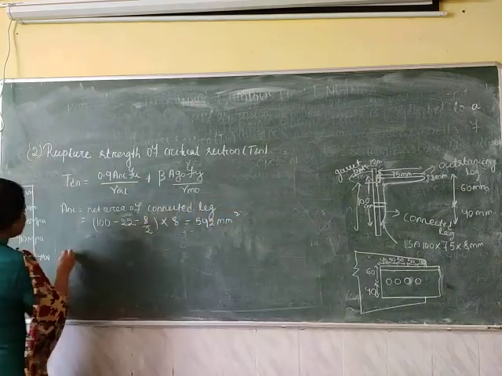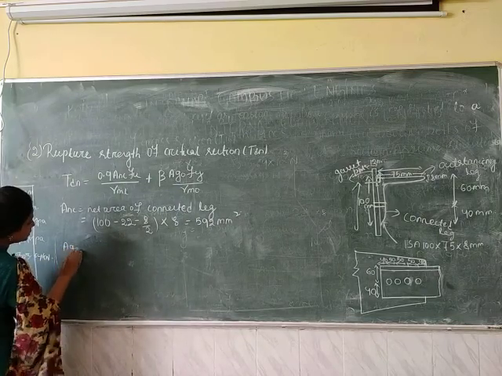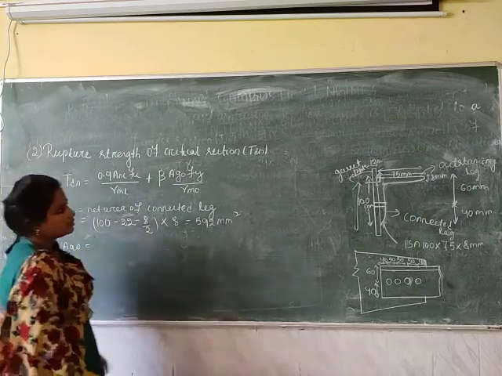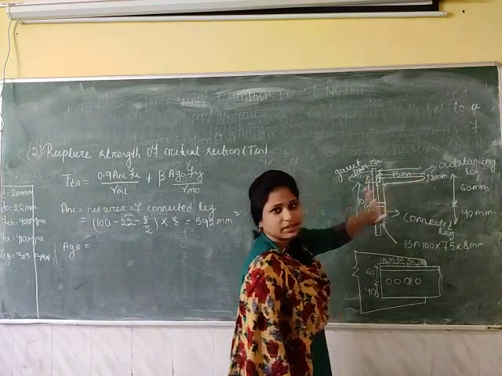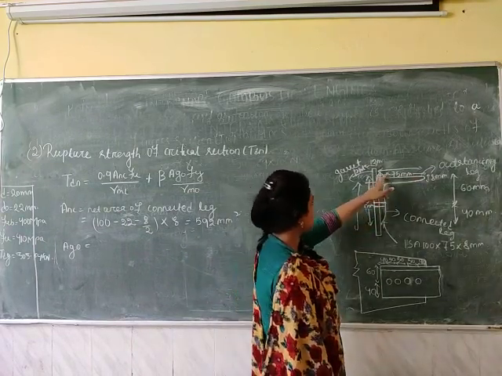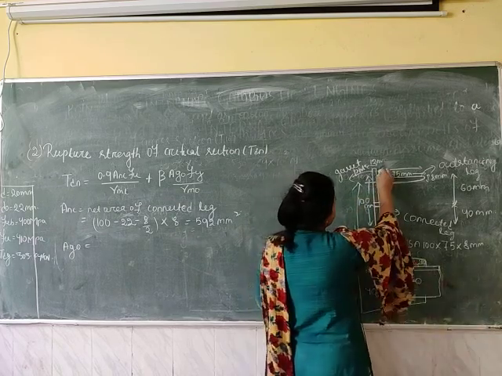Then calculate the gross area of the outstanding leg. So here the total length of the outstanding leg is 75 mm, but we have to take the length from this center.